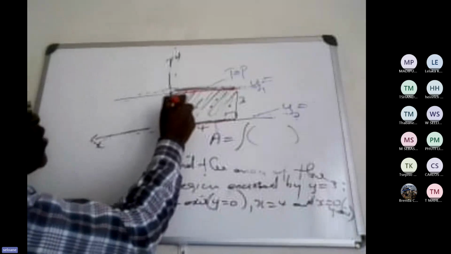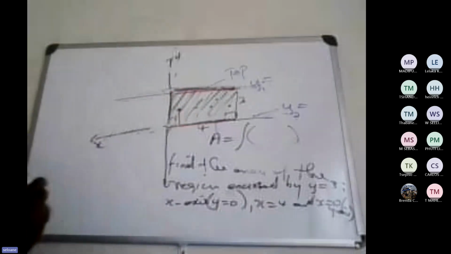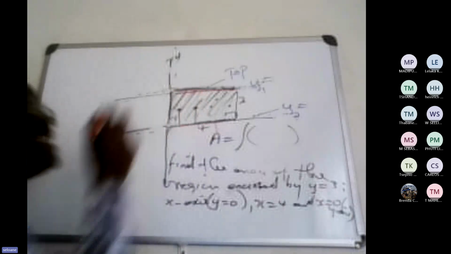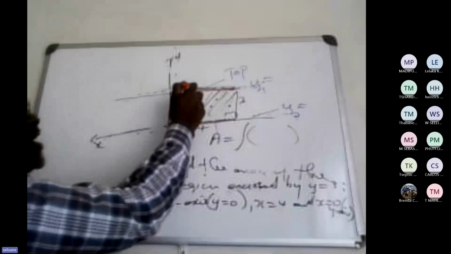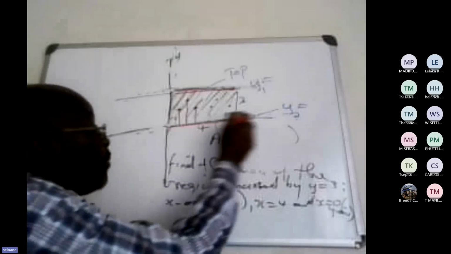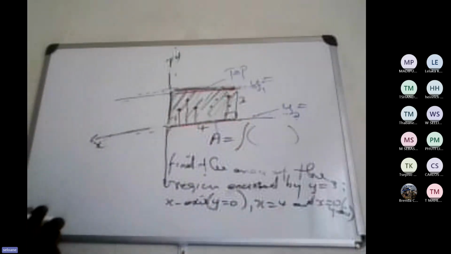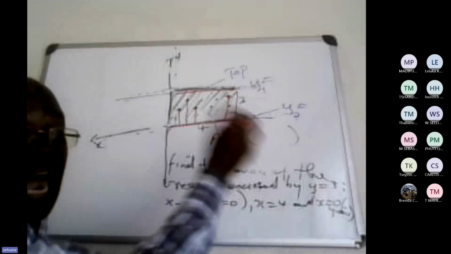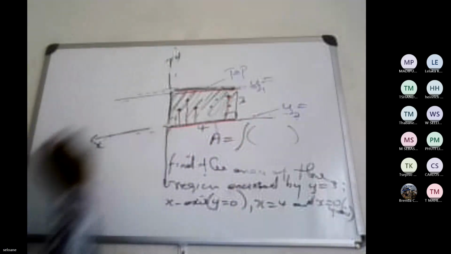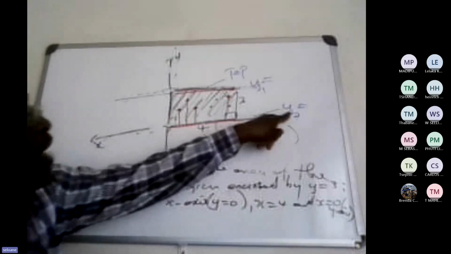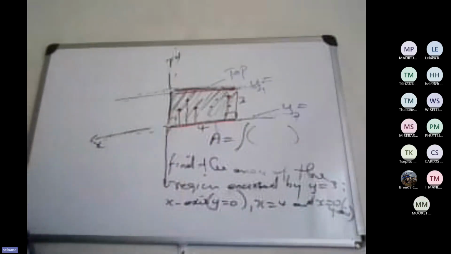If you are here straight down vertically, you'll be stopped by this. It doesn't matter where you are inside the region. Therefore, this, which is y equal to 0, is our bottom boundary or bottom function.